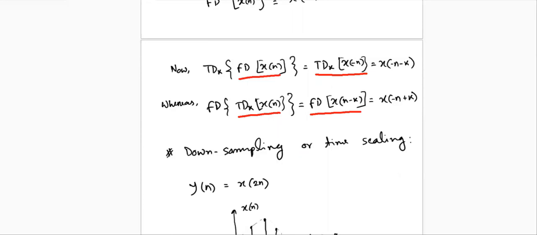We can make this idea clear with a simple example. Let me segregate the portion. In the left side, let's take that x[n] is our signal.